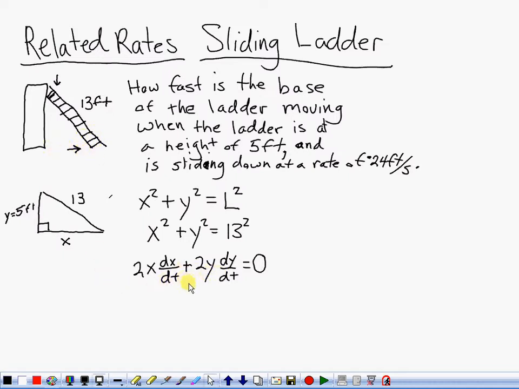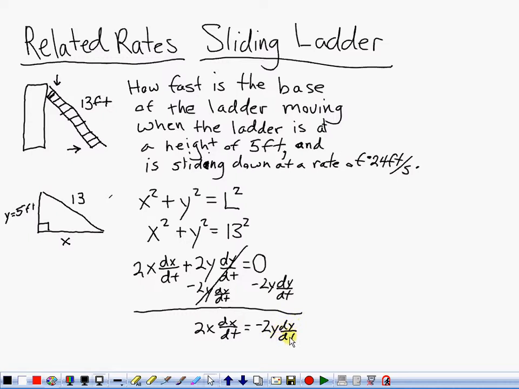All right, so we're going to subtract 2y dy dt from both sides. Now let me do my little thing here. Boom, shot, and drop. 2x dx dt equals negative 2y dy dt. Okay, one last part.